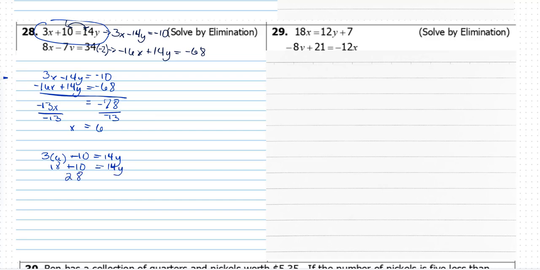So 28 is equal to 14y. Divide both sides by 14, and 2 is equal to y. So now I have the ordered pair of 6, comma 2.